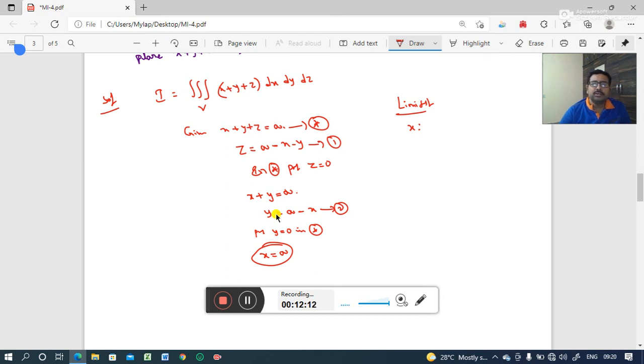So at the origin your x starting value is 0, so x varies from 0 to a. y is again from 0 to, from equation 2, a minus x. Then limits of z are 0 to, from equation 1, a minus x minus y.